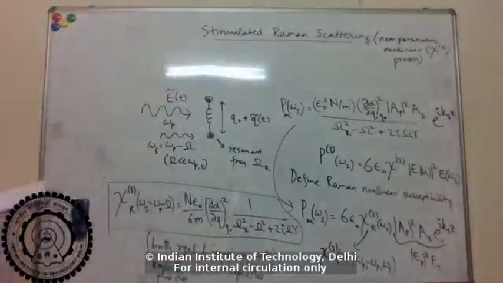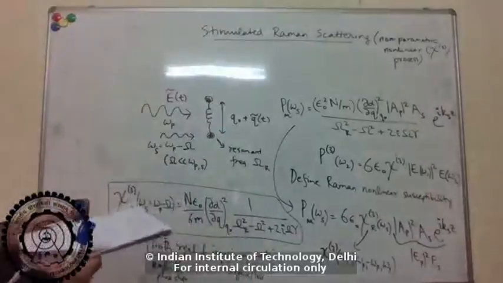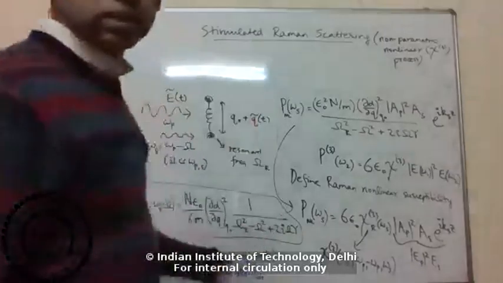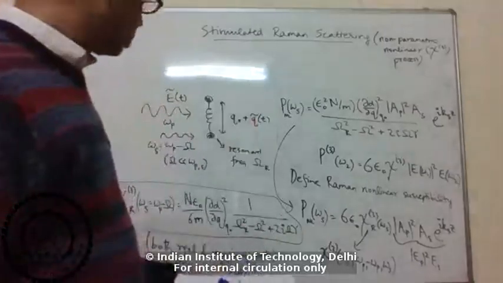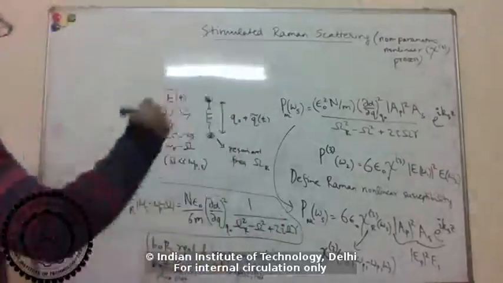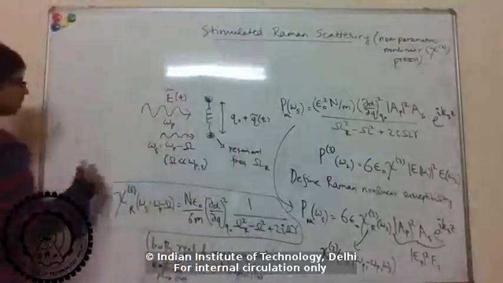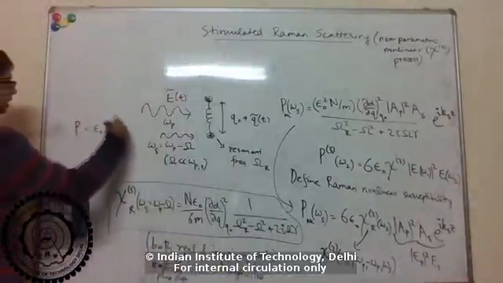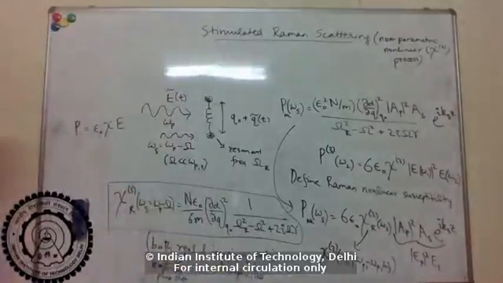Sir, in this derivation, we have taken polarization as only the linear term, but the interaction between the molecule and the light field produces the nonlinear term, gives the nonlinearity actually. Yeah, so this is the nonlinear term, right? So initially, we have taken the polarization to be only linear. So remember, we can write polarization like this, epsilon naught chi E, right?